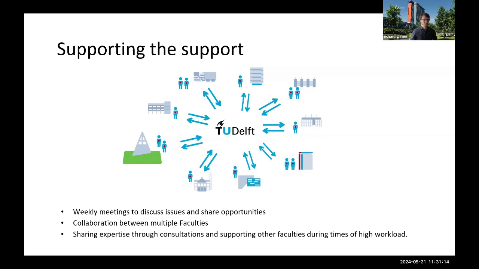But we also do collaboration between different faculties. Often more than one faculty is involved in a project or a DMP. And also, whenever there's a high workload at one faculty, we can lend support to each other on that, as well as providing outreach on behalf of other faculties or the entire university, as we are here today.